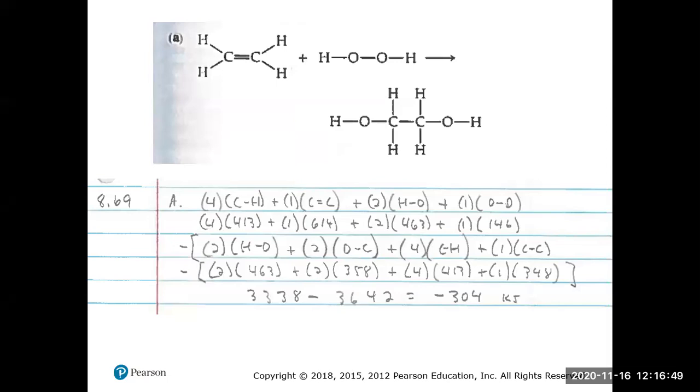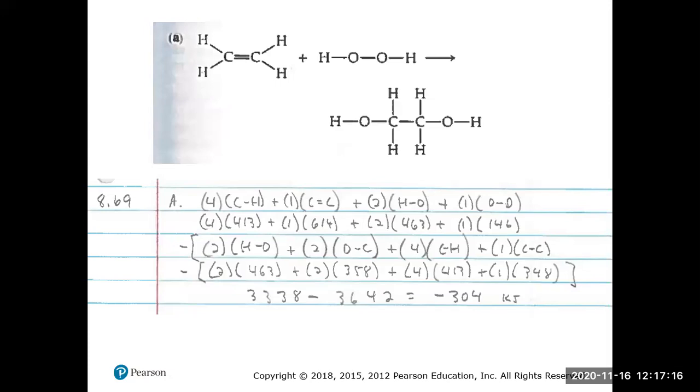And you're counting the bonds. So for instance, on that first molecule, ethane, on the left-hand side, on the reactant side, you have 4 carbon-hydrogen bonds. So you'd have 4 times the enthalpy of those bonds. Then you have 1 carbon-carbon double bond. So you'd have 1 times that enthalpy.